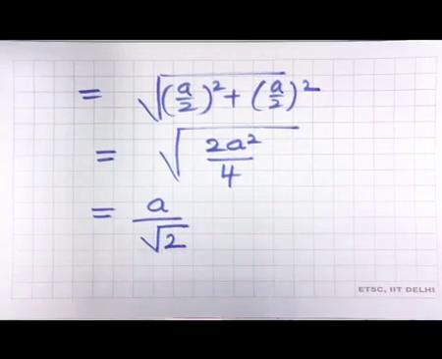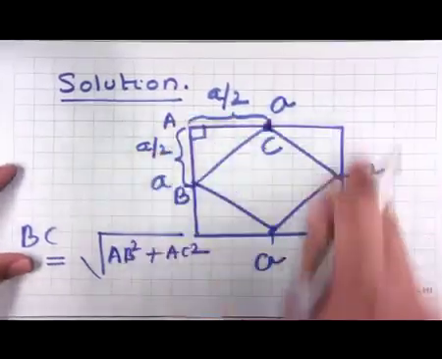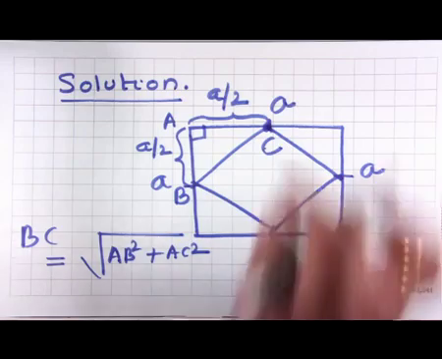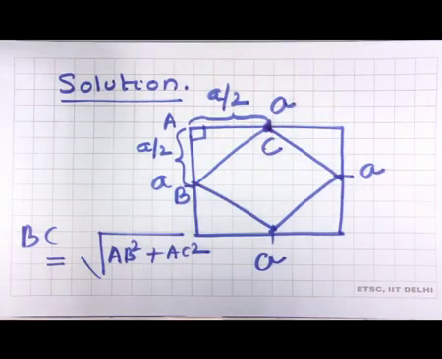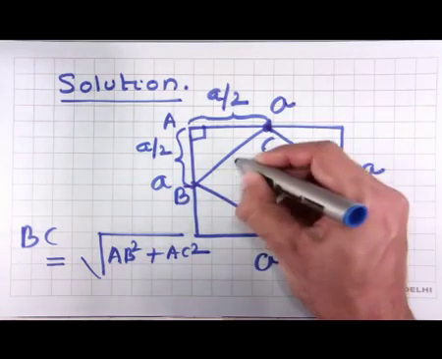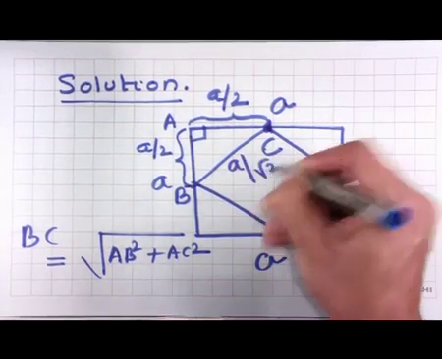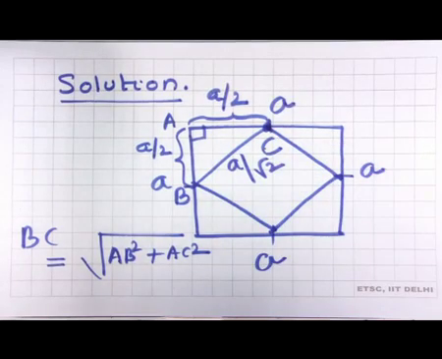This is the main observation in this problem. If you have a square with side length a, the next square in our pattern will have side length a by root 2. Next will have side length a by root 2 by root 2 and so on.